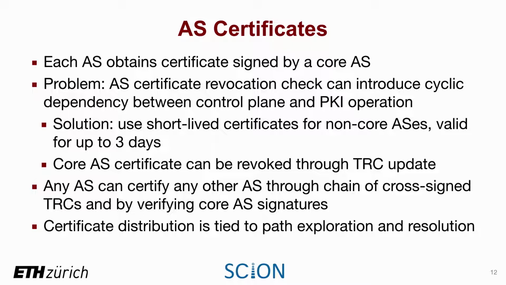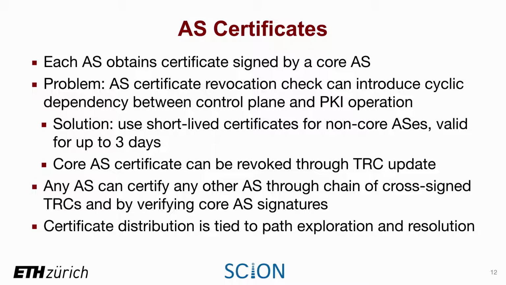As beacon messages are being sent, each recipient wants to make sure that all the certificates from the ASs that have signed that beacon are valid and uses those certificates to verify the beacon. And again, we don't want to introduce any cyclic dependencies. So what we do is we use short-lived certificates to avoid the requirement to contact an additional server to verify such beacon messages.